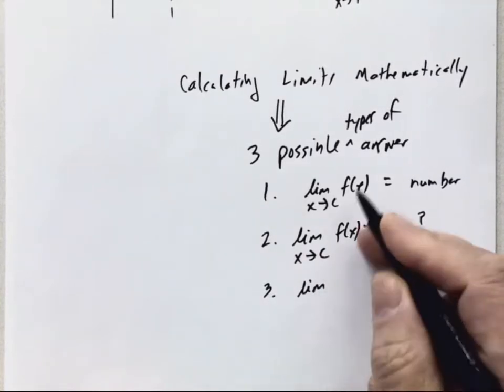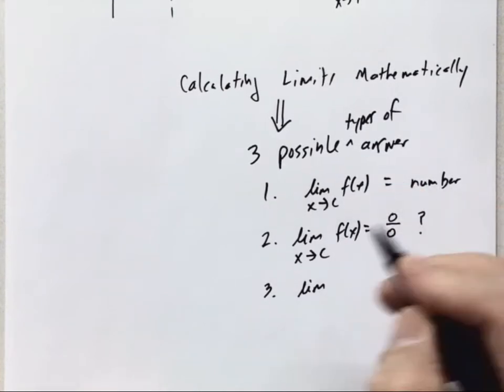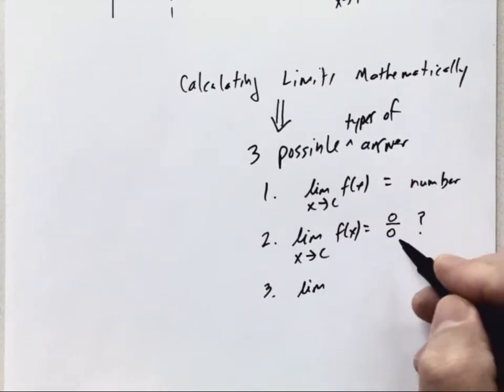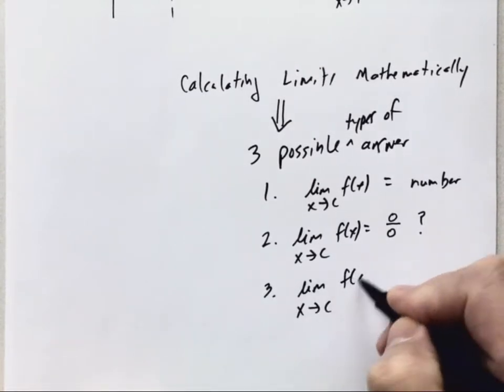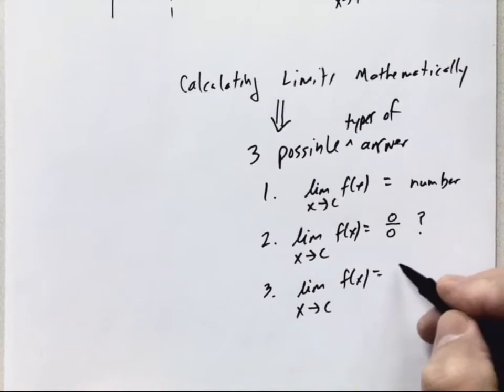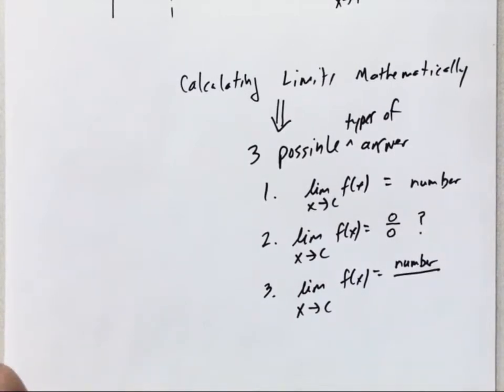So the first thing that happens is just the limit equals a number. The second thing, in some funky way, the limit is 0 over 0. And the third thing that can happen is, once again, you end up with a fraction. And you have some kind of a number, something other than 0.